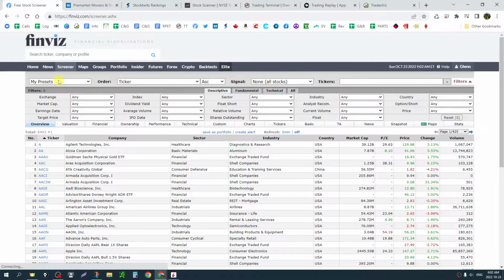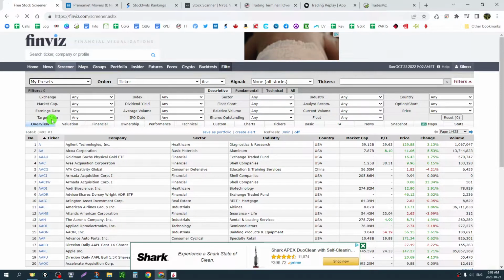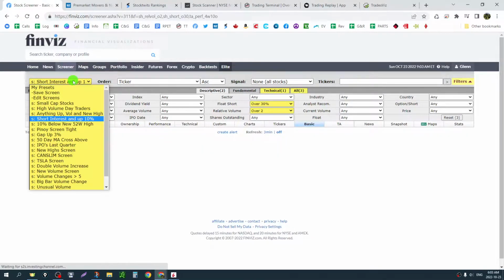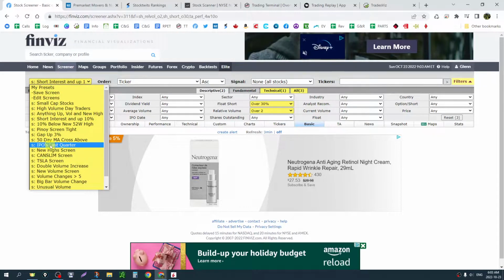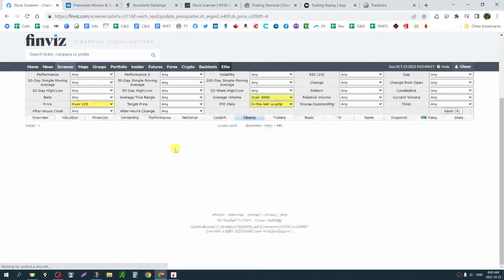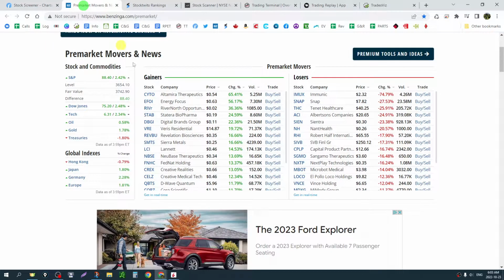And then another one to look at would be, well, let's look at short interest. Nothing. What about IPOs? Sometimes those are interesting to look at. Okay, so that's FinViz.